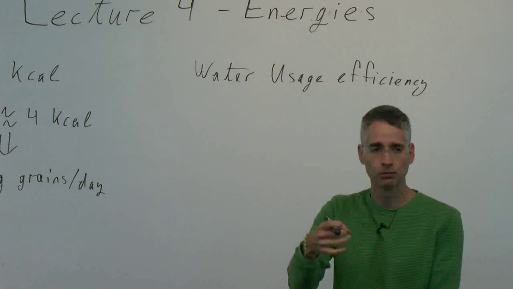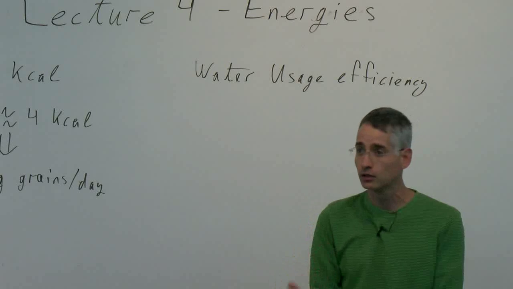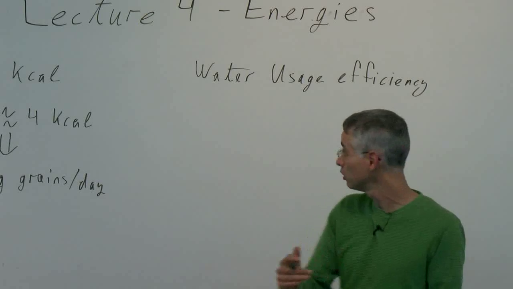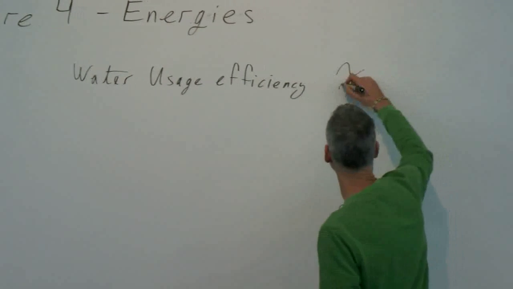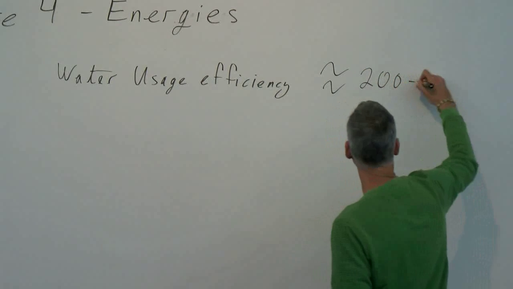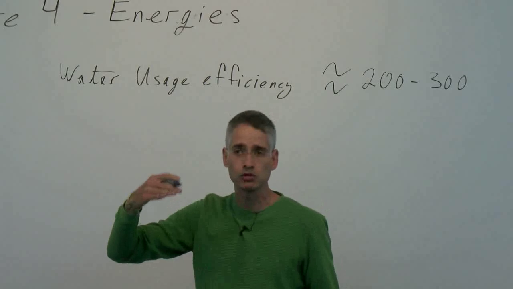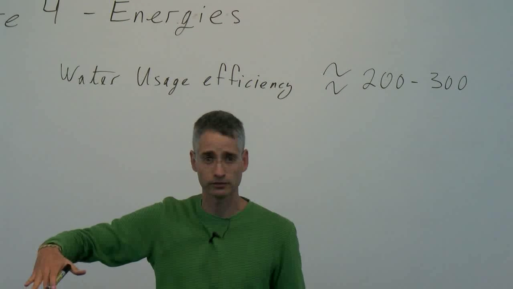For that, it opens small holes, called stomata, on the leaf surface, and then it loses water molecules when the CO2 comes in. The ratio of that governs the water usage efficiency. It's usually in plants somewhere between 200 and 300, meaning that you'll have about 200, 300 times more water being lost per carbon that is being stored.